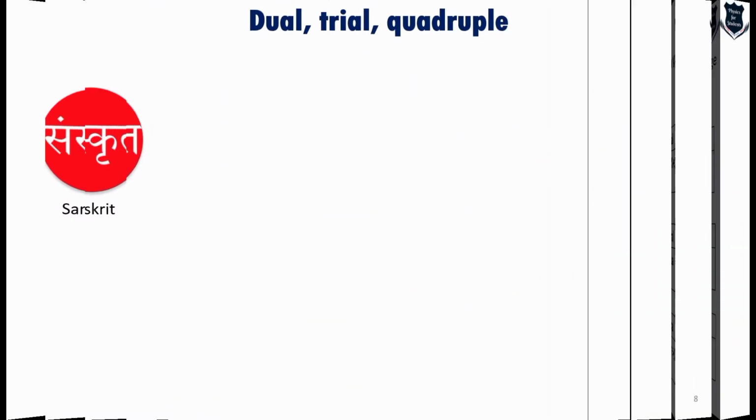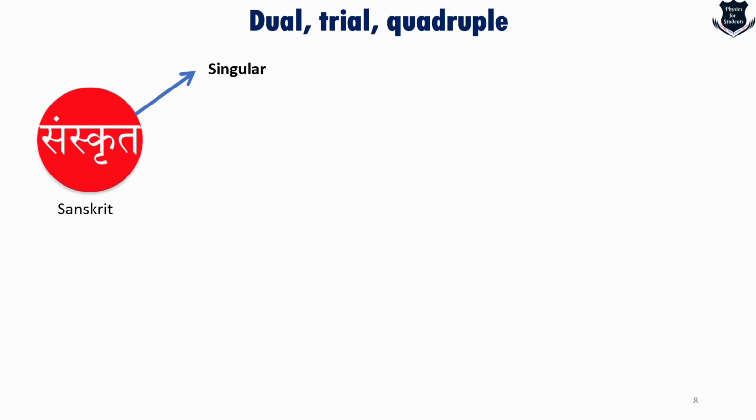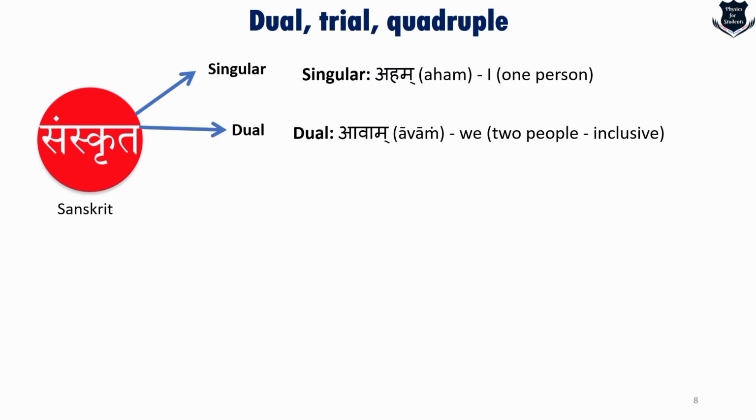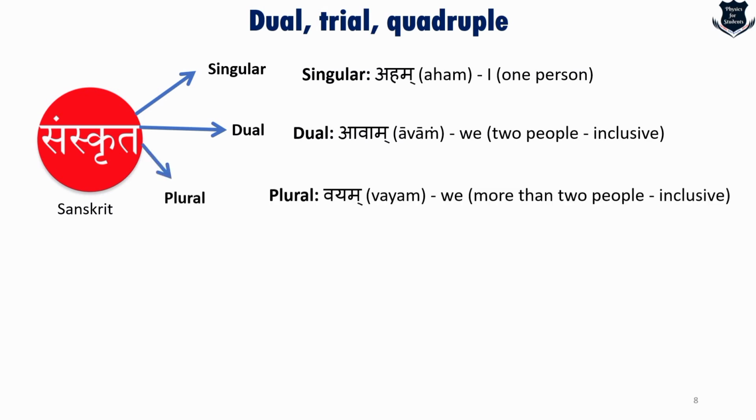And among these is the Sanskrit language. It has a singular, for example, aham, that is I, one person. It has a dual, that is avam, we, 2 people, inclusive. Then we have a plural, that is vayam, which is we, more than 2 people, inclusive. Don't take it literally, because there is a lot of grammar involved which I have just ignored, just to show you that Sanskrit does have the singular, dual, and plural forms.